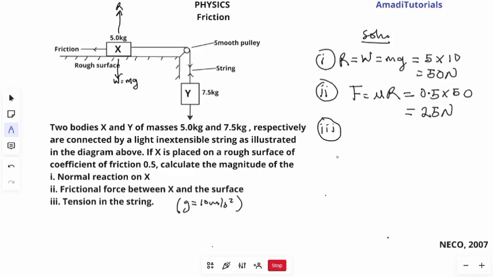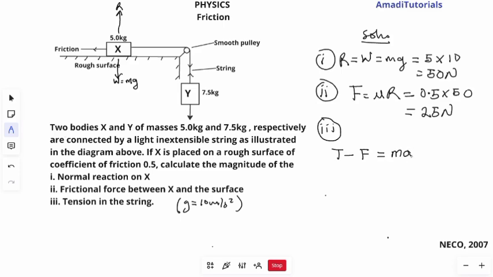So in that case, we write T minus the frictional force F will give us what? The resultant force. And the resultant force is given by mass times what? Acceleration.